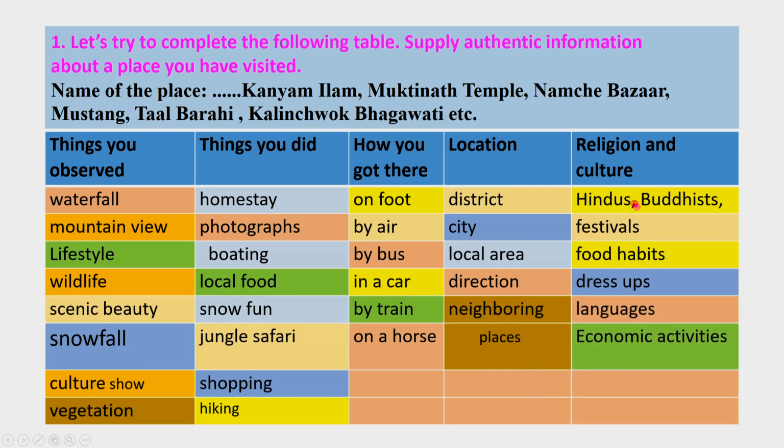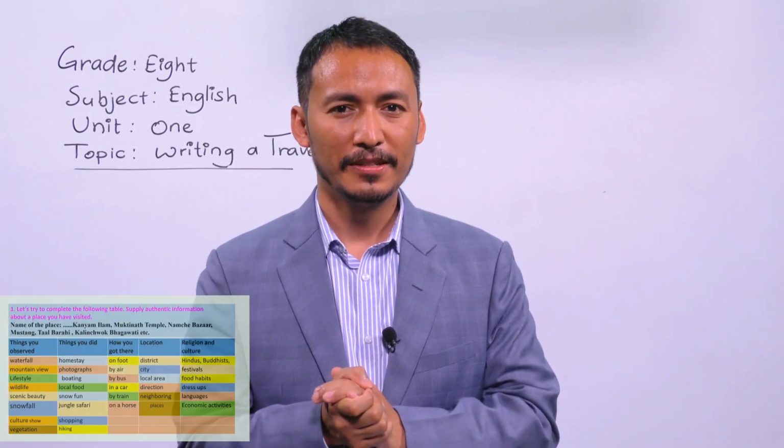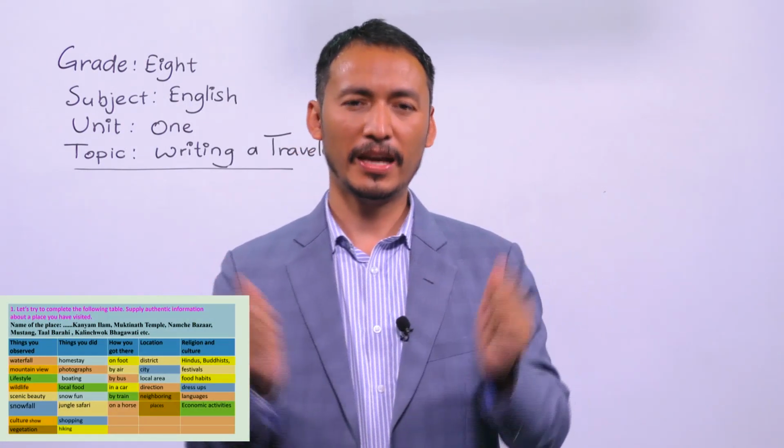Religion and culture: in this part of the table, you are going to write about the particular culture and religion of the area which you have visited. All right, students. So you can say festivals, food habits, dress-ups, languages, or economic activities. Okay, this is how you can fill up the table. Is it helpful, students? Okay, I hope.